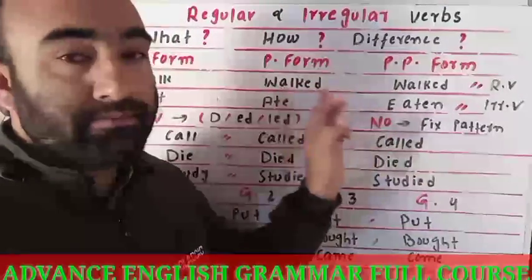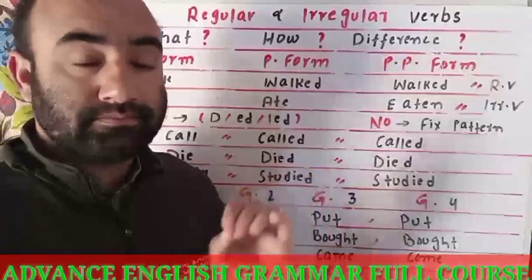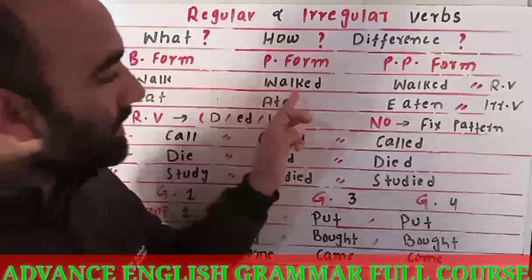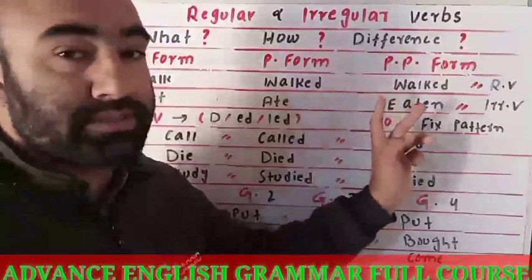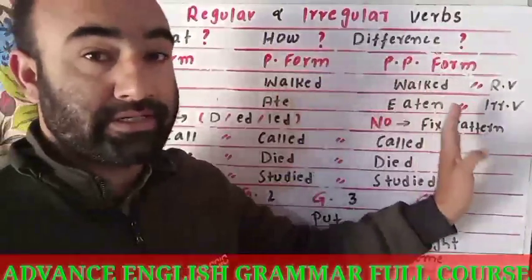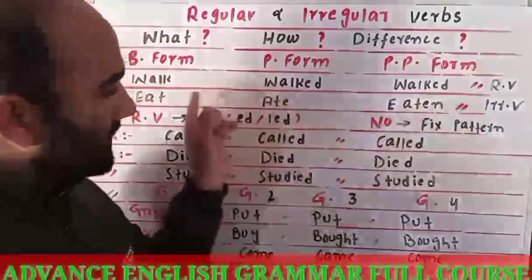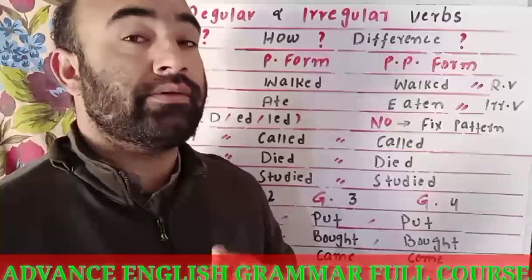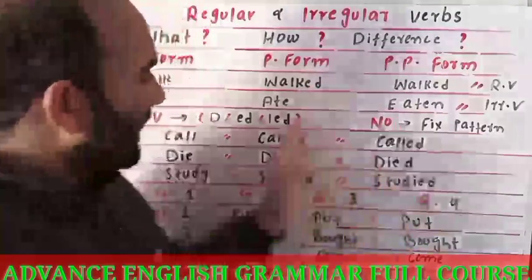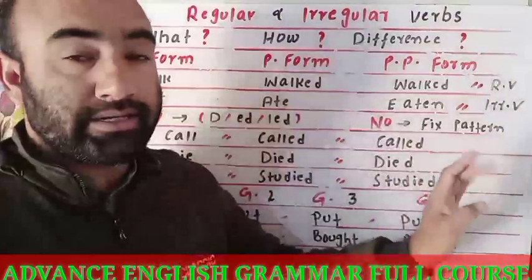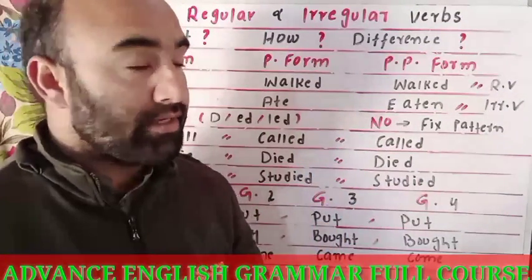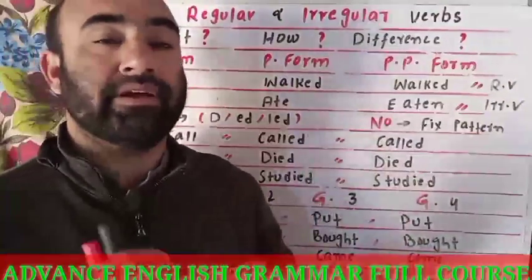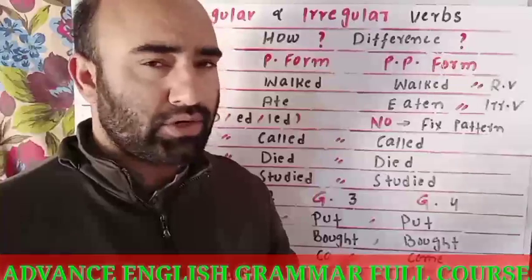But here, walk has a pattern. So by adding ed at the end of the past form and past participle, this is called the regular verb. And eat, ate, eaten doesn't have any rules. It was completely changed. This is called the irregular verb, right?